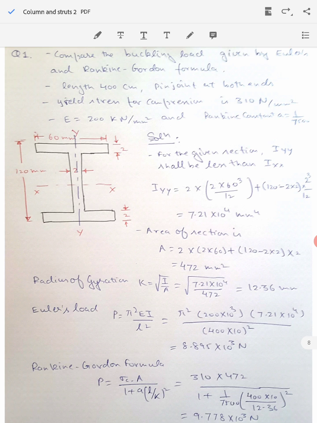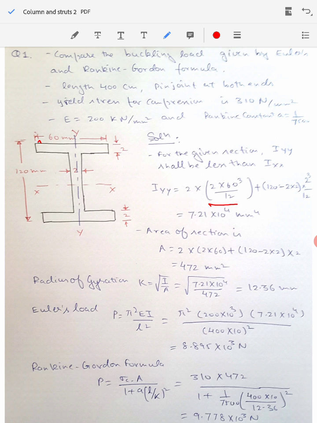We have done this exercise previously when we were doing the bending stress problems, so I'm not going into that detail, but we simply say that it is going to have the lower moment of inertia about the axis yy, and we can calculate the value of Iyy by using the formula that we previously obtained in the bending stress section.